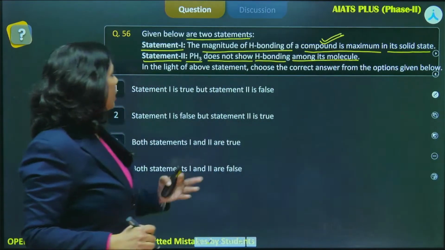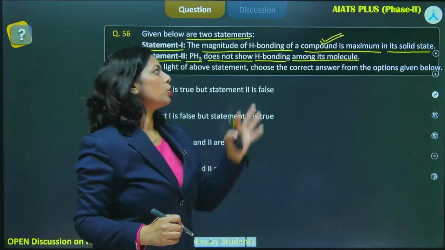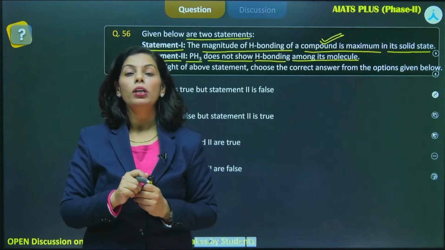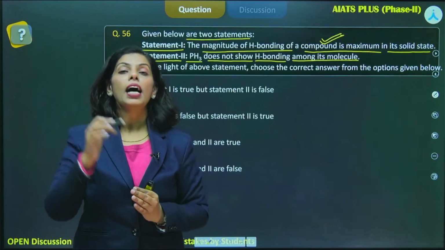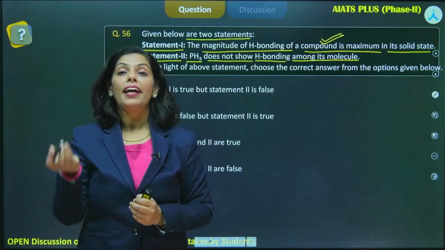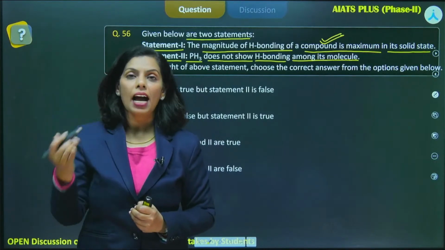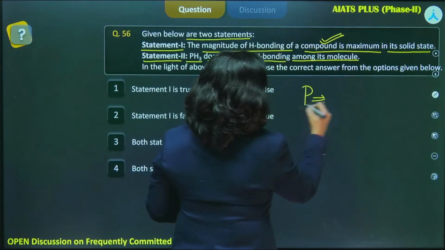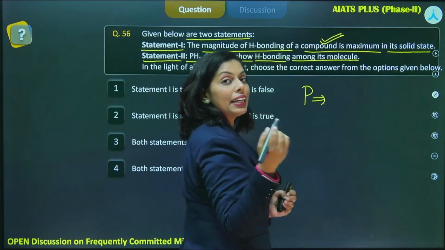Now the second statement, PH3 does not show hydrogen bonding among its molecules. During this entire discussion, I just told you that the atom which is bonded with hydrogen should be electronegative, and its electronegativity should be pretty high. When I'm talking about phosphorus, it is not that electronegative.